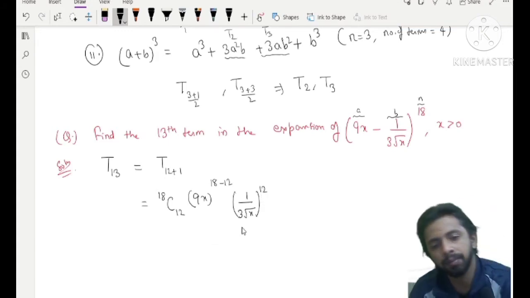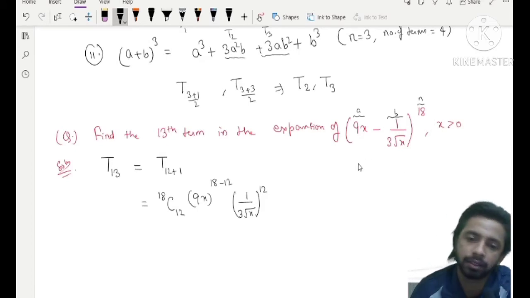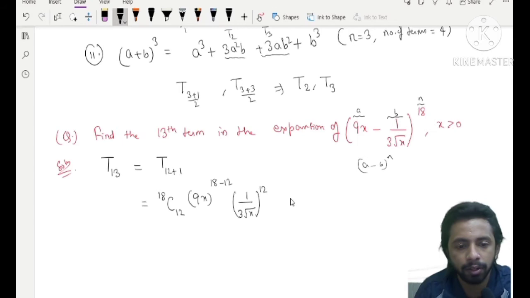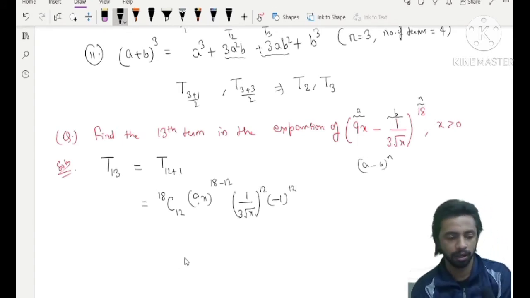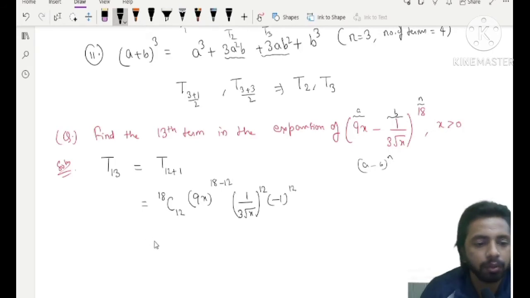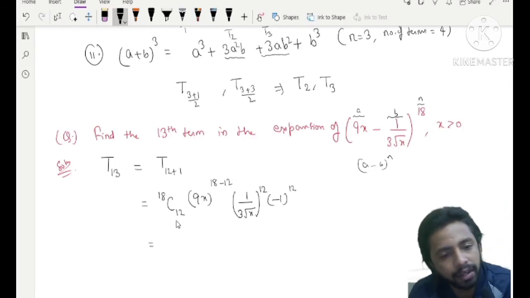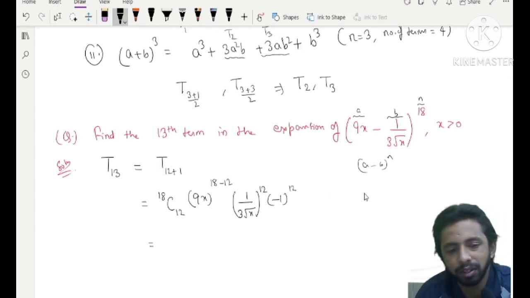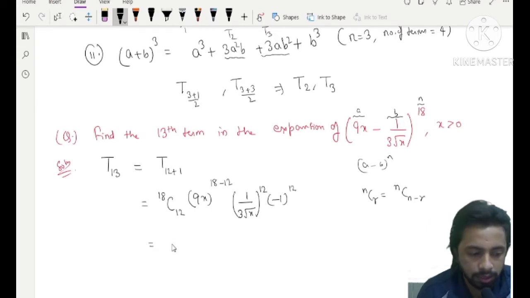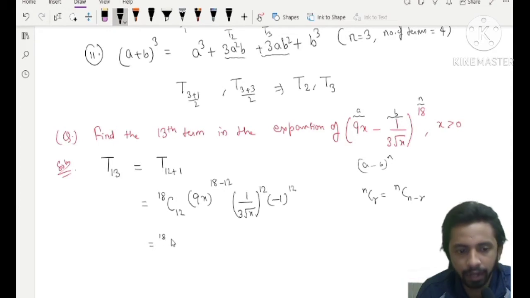One thing I'm missing here is this is a minus b raised to the power n form. So minus 1 to the power 12 must be here. Is that clear? So 18C12, since we know nCr is also equal to nC n minus r, this can be written as 18C6.